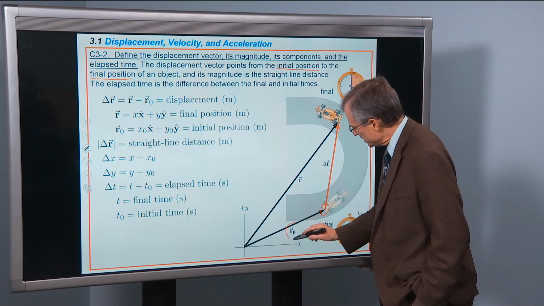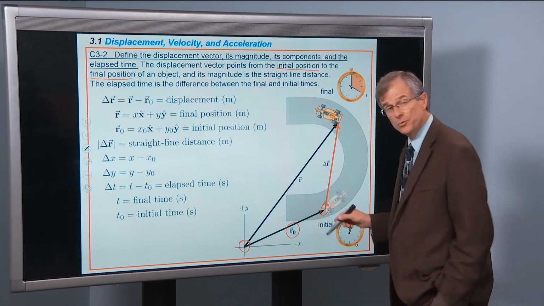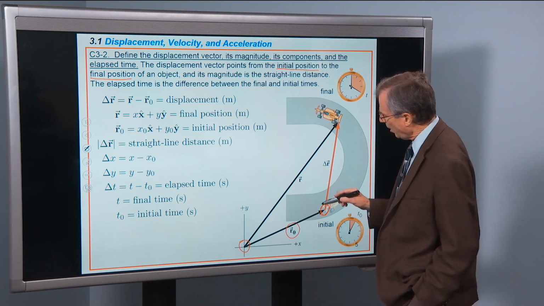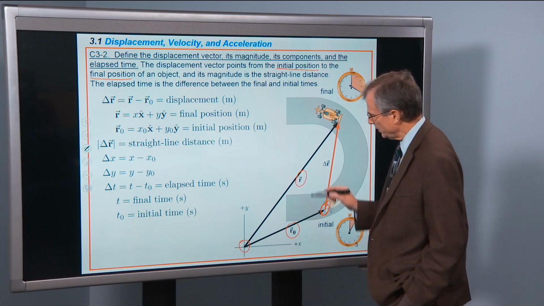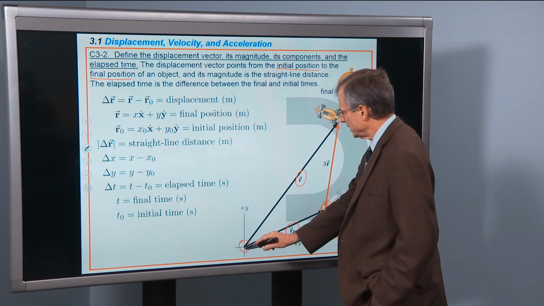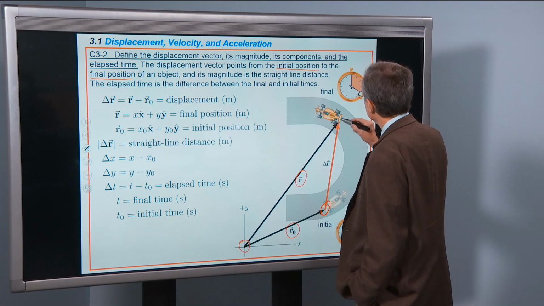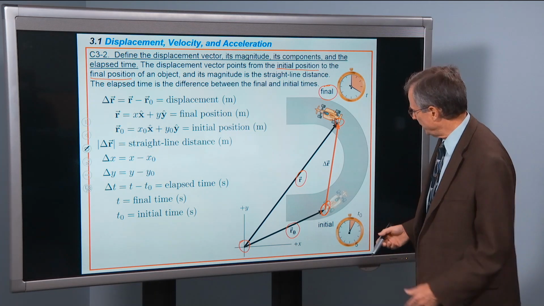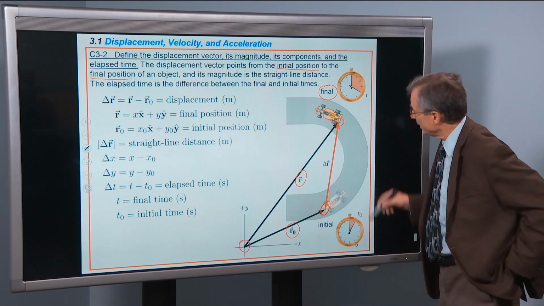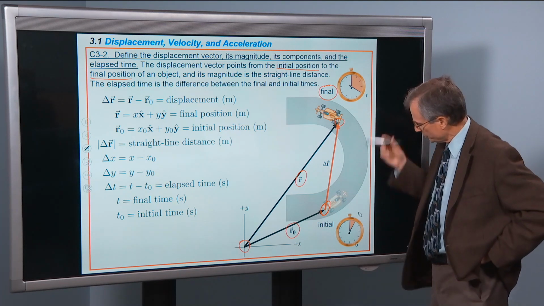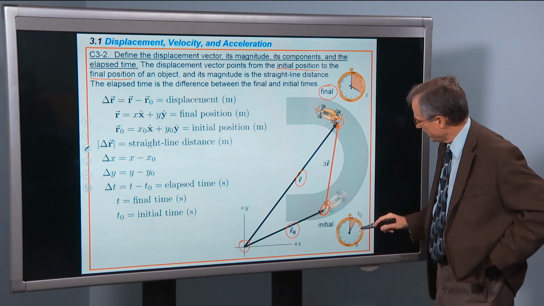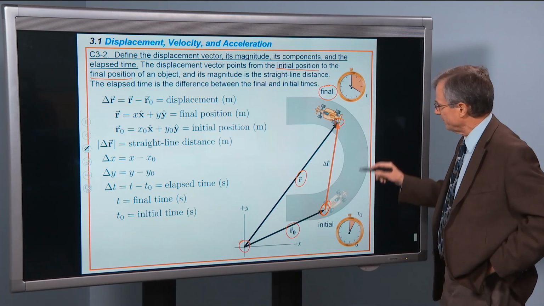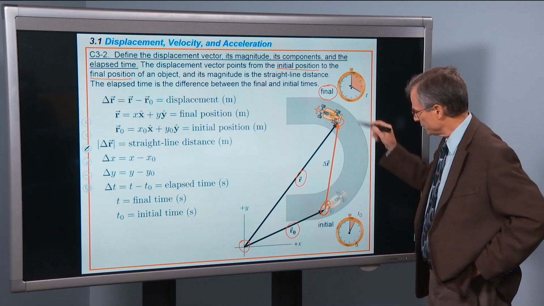So this is the initial position vector, points from the origin to the initial location of the object. And then r, the vector r, without a subscript, points from the origin of coordinates to the final location. And shown here also are the clock times between the initial and the final. So it looks like if this is the second hand, it's about 5 seconds here, it's about 20 seconds here. So there's about 15 seconds worth of elapsed time between the initial and the final positions.